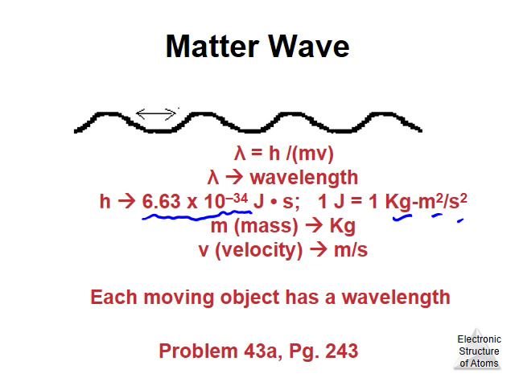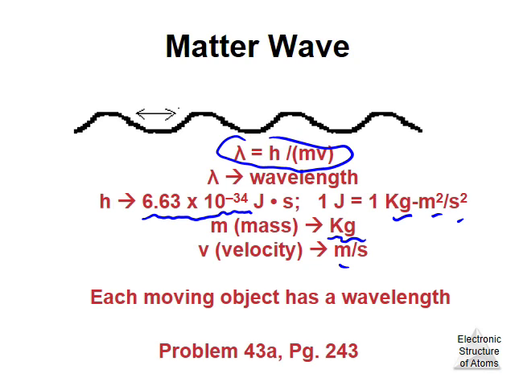So these are the units that go with joule. Since you're going to use that constant in this expression, h over mv, your mass unit has to be in kilograms, consistent with the unit that you have in joule. Velocity will have to be in meters and seconds, again because h has both kilogram and meter, so velocity must have meter unit per second.